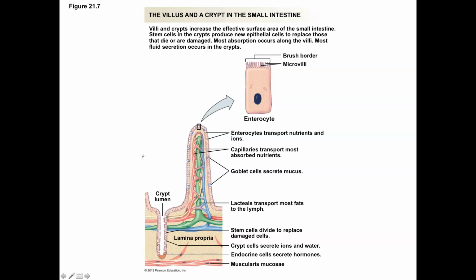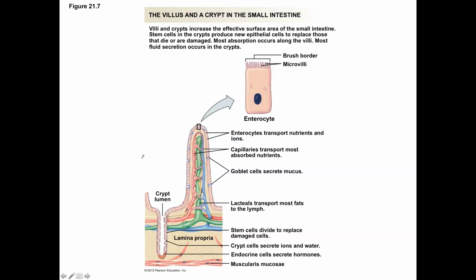In order to accomplish digestion, we look at things such as mechanical digestion and chemical digestion. Mechanical digestion involves increasing the surface area of the molecules so that we can have better chemical enzymatic digestion take place within the lumen of the GI tract.